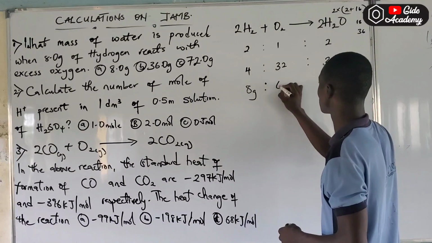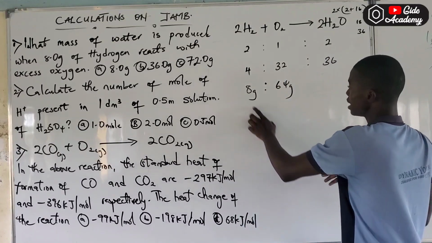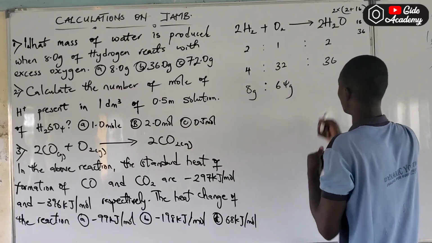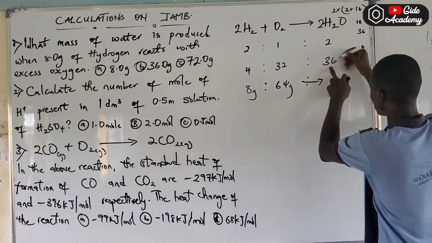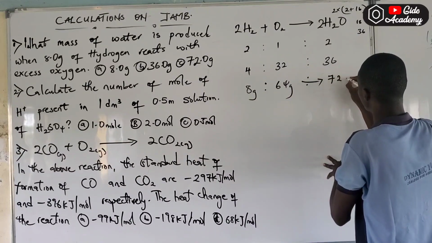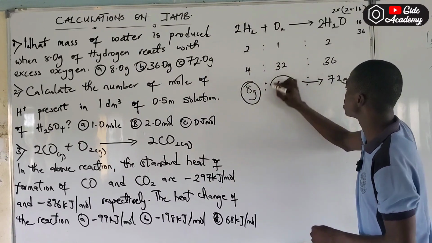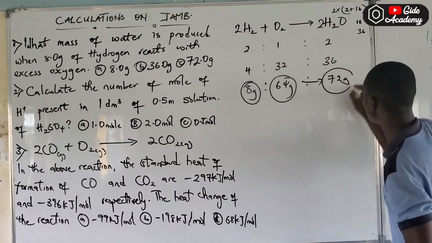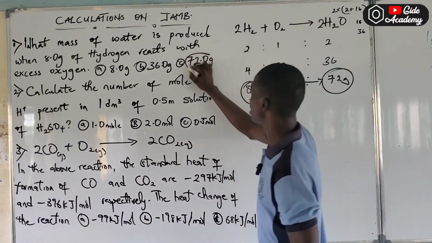If I double this, I'm going to have 64 gram. I'm going to double this 36 as well to give me 72 gram. So 8 gram of hydrogen reacting with 64 gram of oxygen gives me 72 gram of water. So our answer here will be 72.